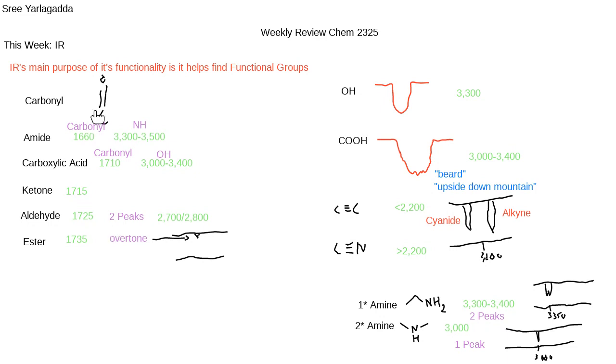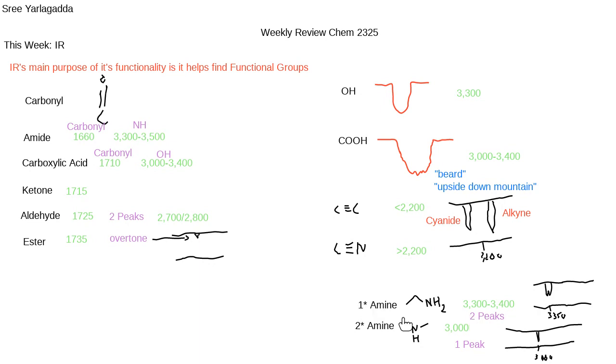All right. So let's take stock of what we learned so far. This week we're discussing IR. I talked about broad and spiky kind of peaks. Really, that doesn't really matter. These ones are the broad ones: alcohol, carboxylic acid. For the triple bonds, look at the location. For the amines, look at the number of peaks. Because even if you know the numbers, you could sometimes get confused between a primary amine or secondary amine.